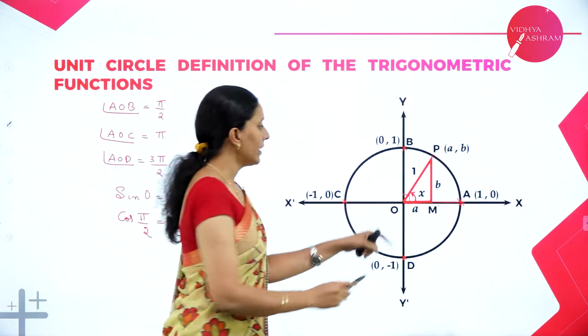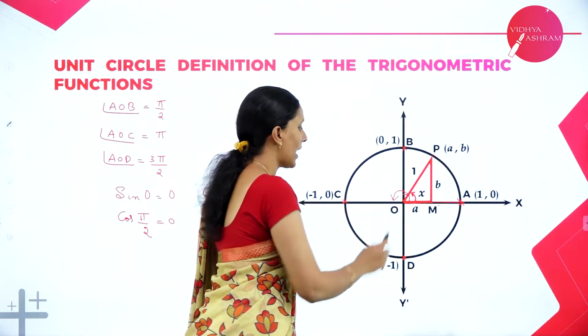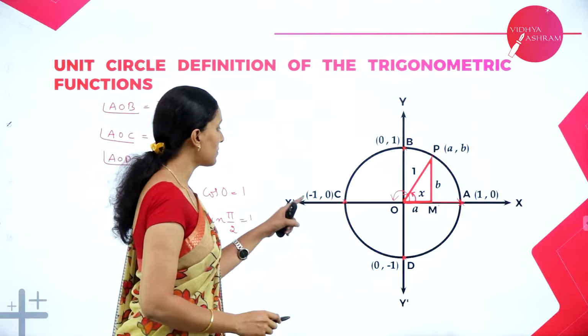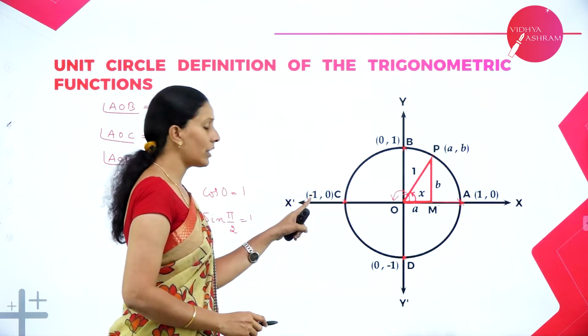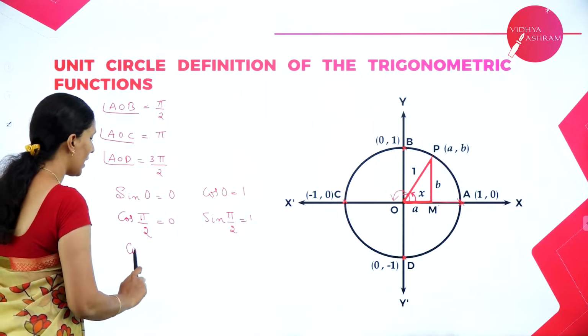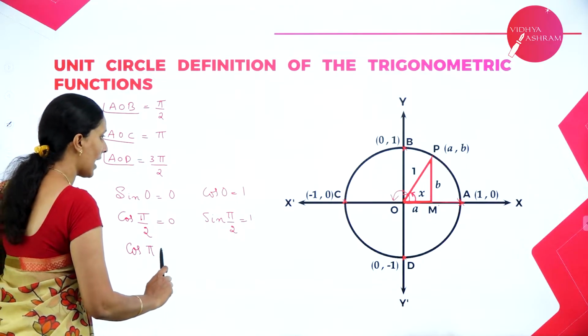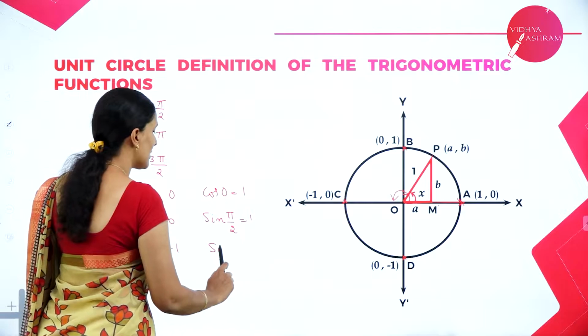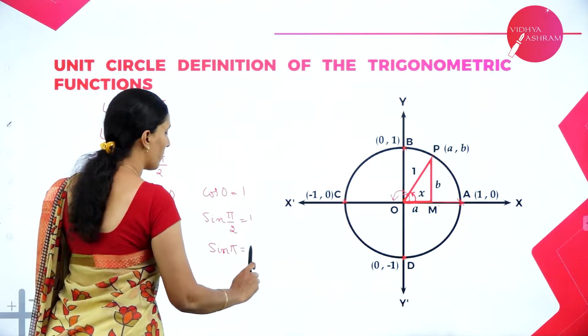Next we can see this is our straight angle 180 degrees, that is pi, whose coordinates are given in the form of -1 and 0. So from the diagram again I can write cos pi as -1 and sin pi as 0.